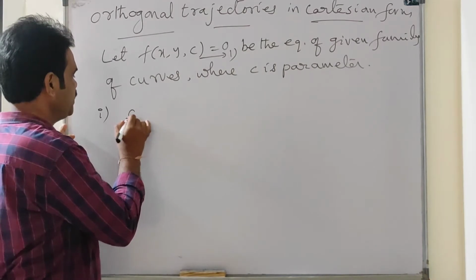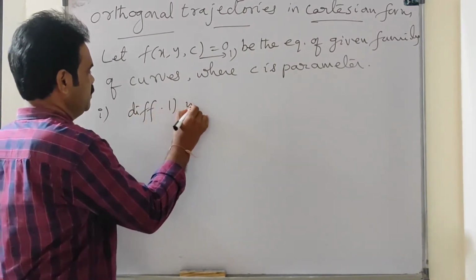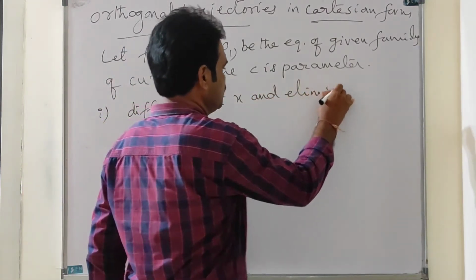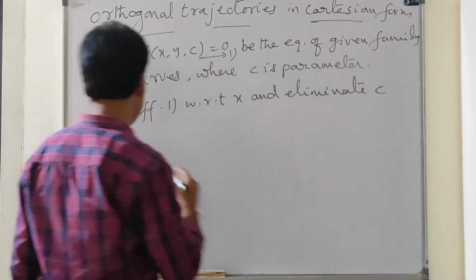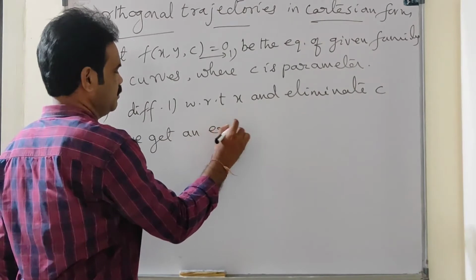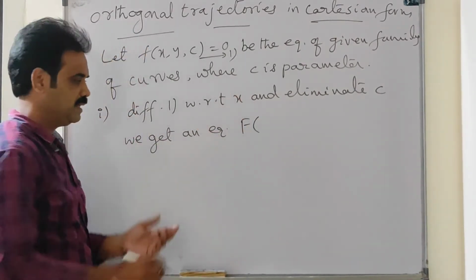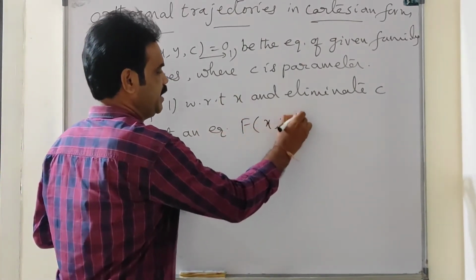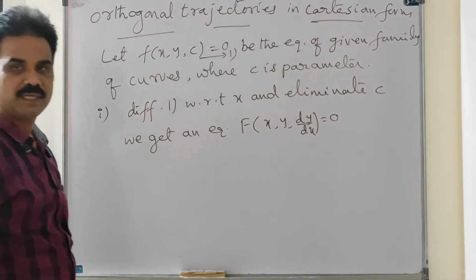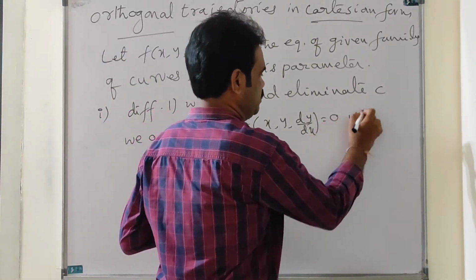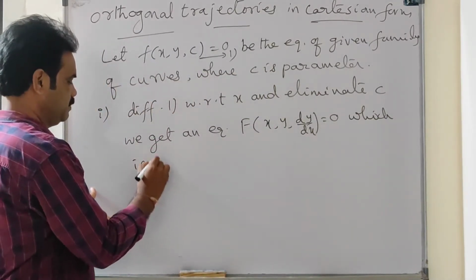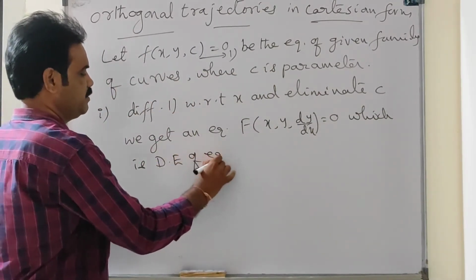Now differentiating 1 with respect to x and eliminating c, you get an equation of the form F(x, y, dy/dx) = 0, which is the differential equation of the given family of curves or equation 1.